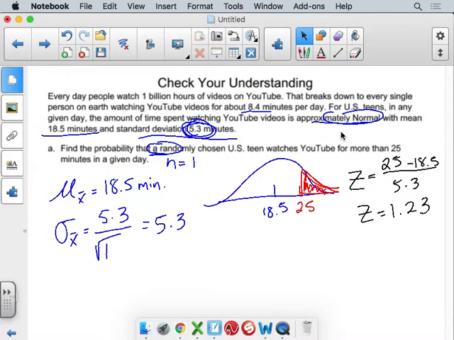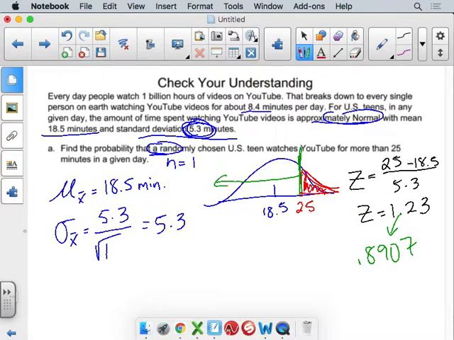So look up that value, 0.8907, and that is specifically that green value. To finish it off, I'm going to do 100% minus that 89%, so 1 minus that. That's going to be the leftover, the greater than, which is 0.1093. Oh wow, I would have gotten that one wrong. 0.1093. Okay, so about 10%.